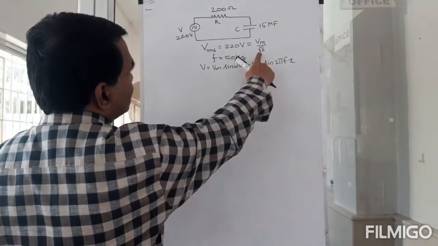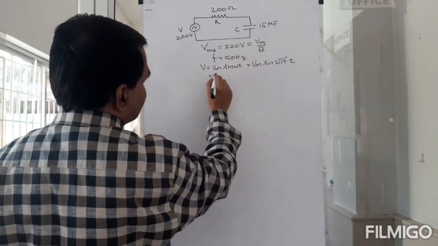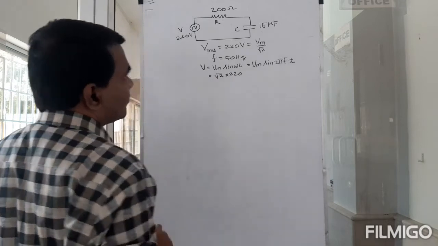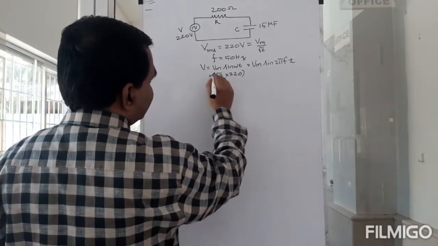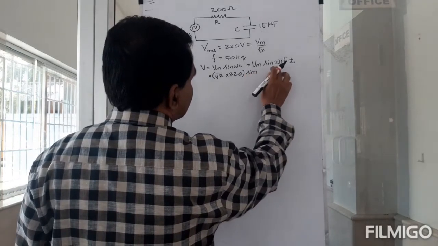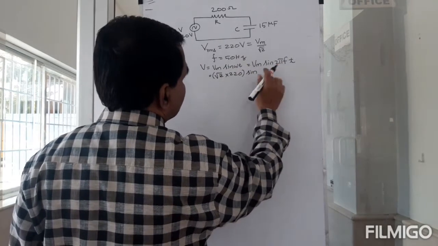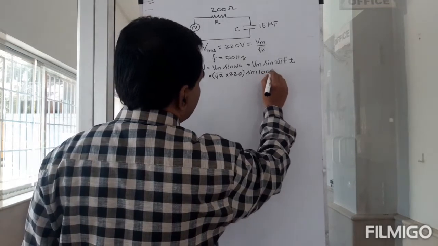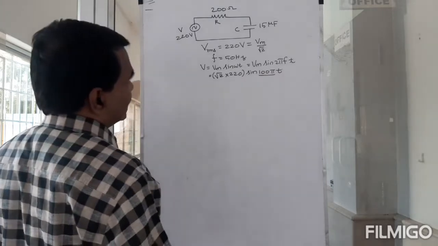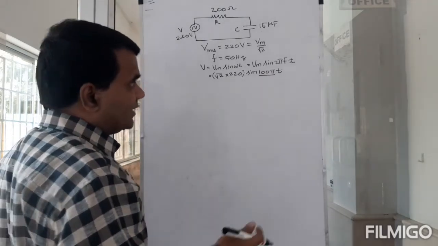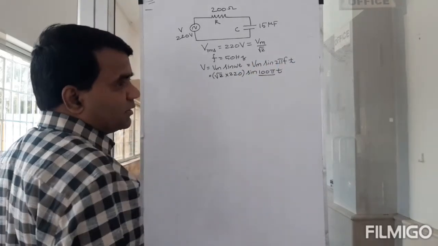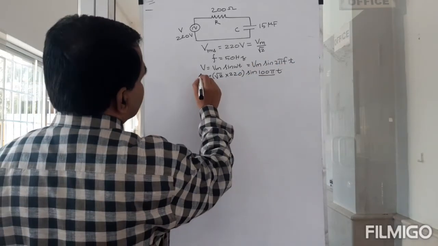Vm is going to be root 2 into 220, multiplied by sine 2 pi into 50 t, so 100 pi t. So my omega is 100 pi radians per second, or 314 radians per second.